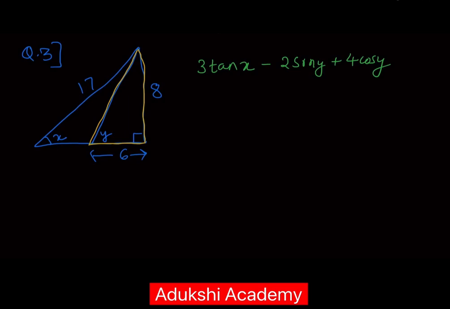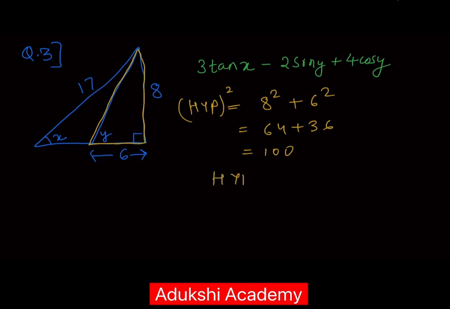So the hypotenuse whole square is 8 square plus 6 square, so you are getting 64 plus 36, that means 100. So hypotenuse is equal to 10. So here 10 is your hypotenuse.